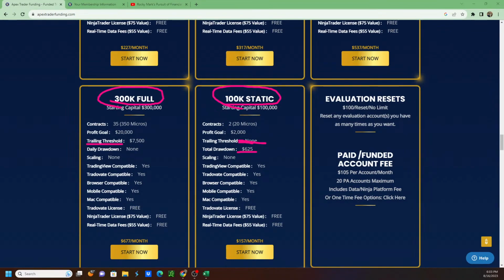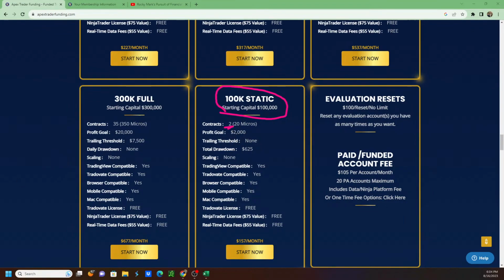And what I ended up doing actually is I signed up for a static account. So I signed up for this 100K static account. And something to note here is you can only trade up to 2 E-minis with this one. So really it's almost misleading because you don't really have 100,000. In reality, for example with the YM, 1 E-mini is 8,800 margin. So that's more or less 18,000. But that's beside the point.